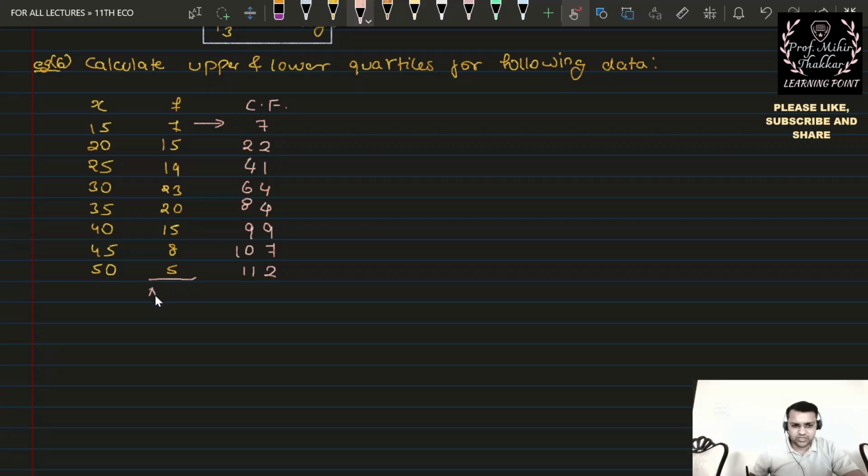So friends, that becomes your capital N value as 112.